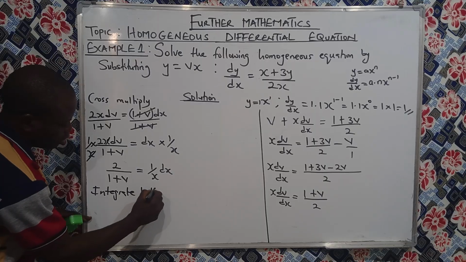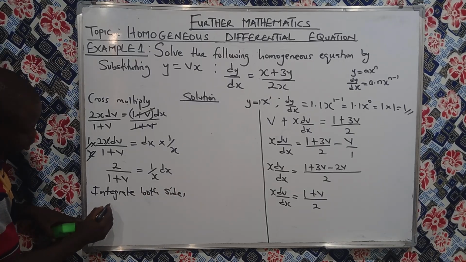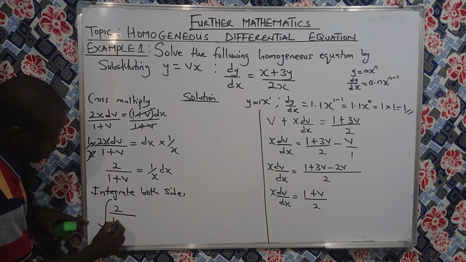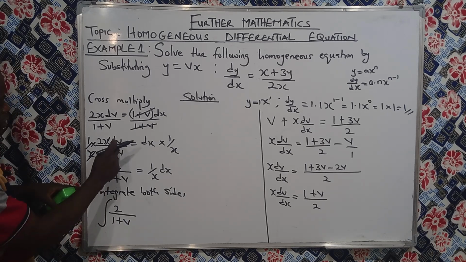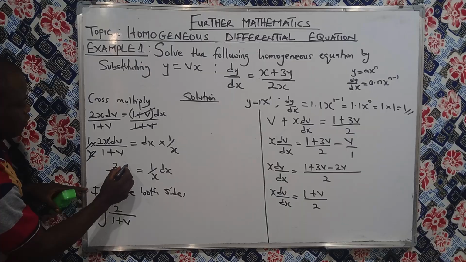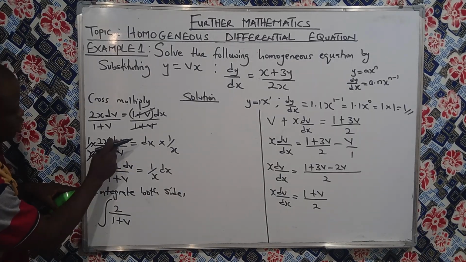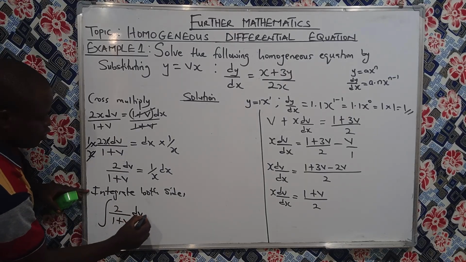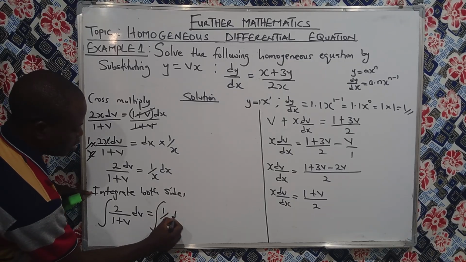When you integrate both sides, you put your integration sign. Integral of 2 over 1 plus v dv. Don't forget we're having dv here, please. Integral of 2 over 1 plus v dv equals integral of 1 over x dx.